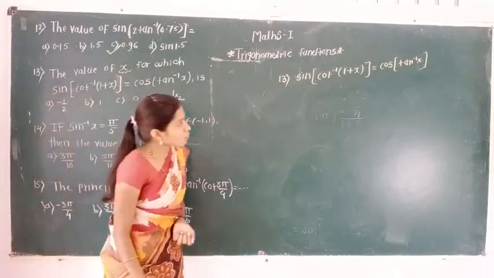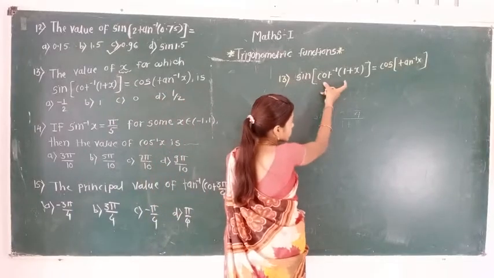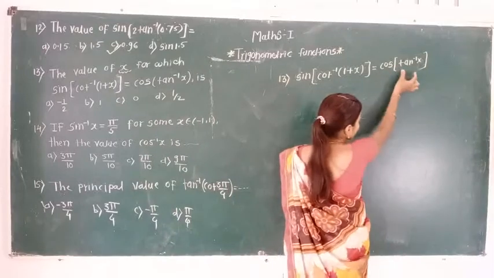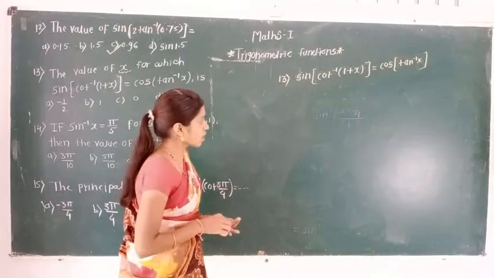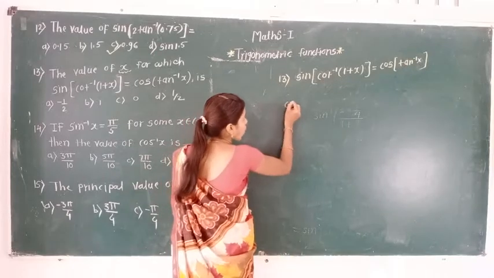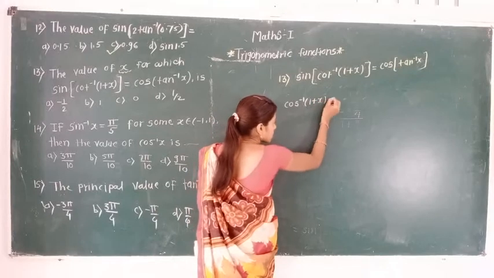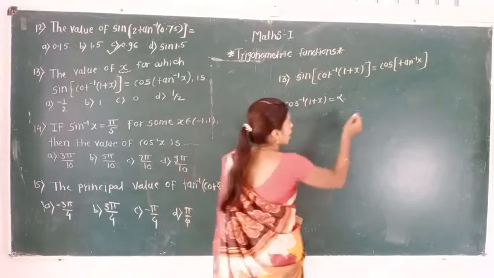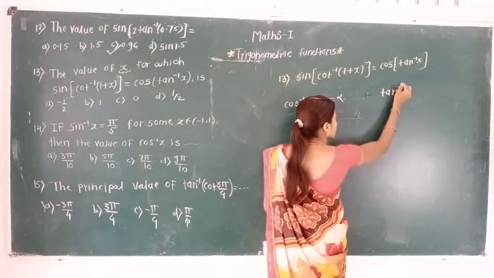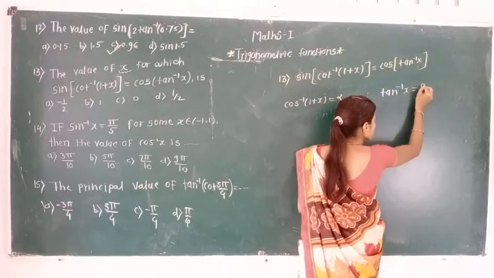So for finding the value of x, we know that sine of something, we always take the angle. Similarly, cos of something, we always take the angle. So here first we consider cot inverse of (1 plus x) as the angle alpha and tan inverse of x is denoted as the angle beta.